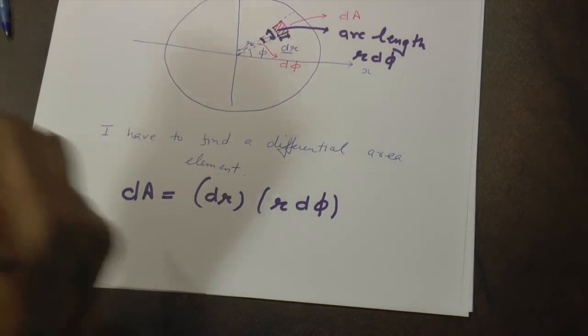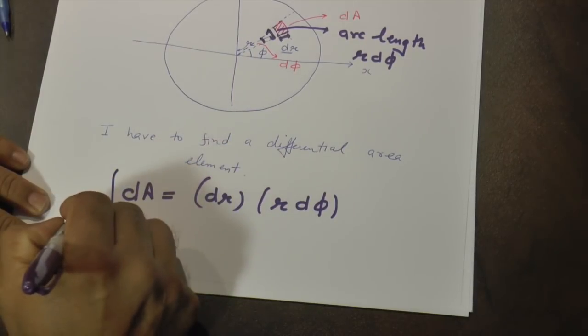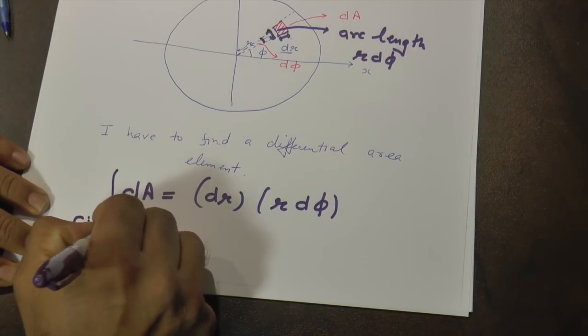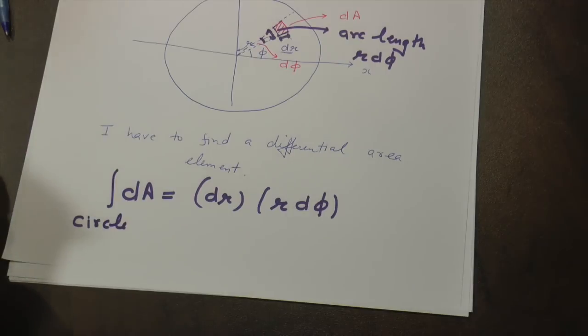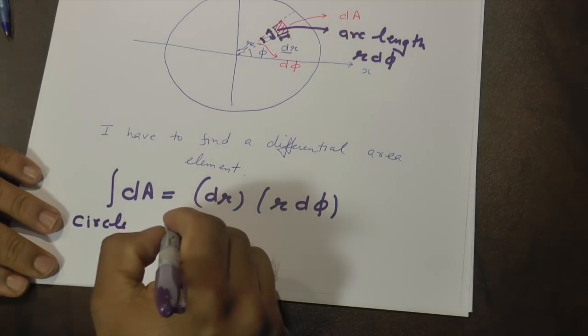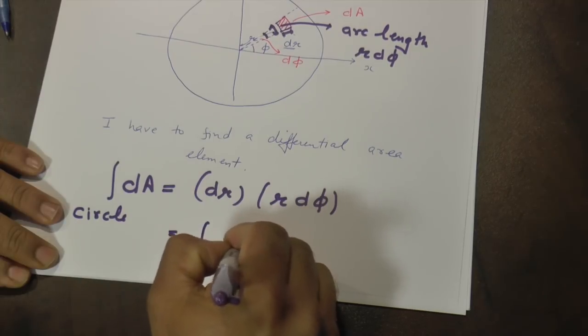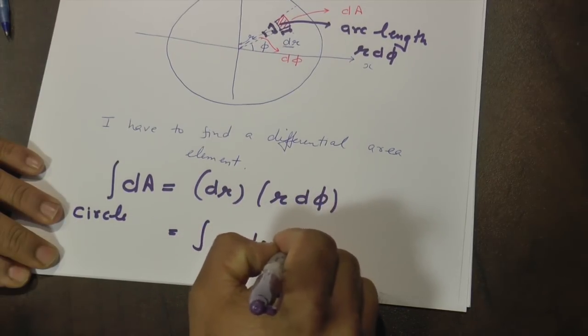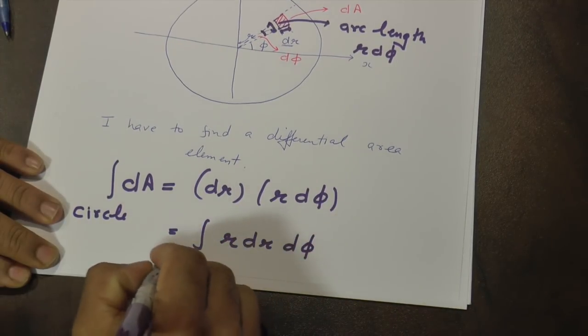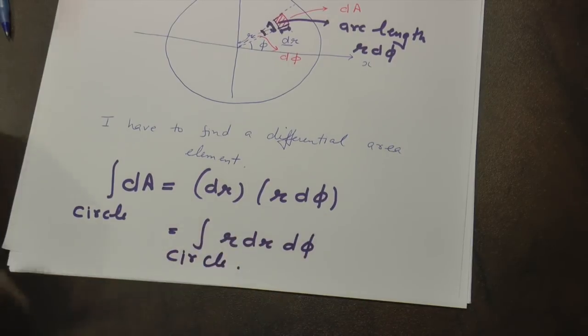Now what I have to do is integrate this over the whole area of the circle to be able to calculate my solution. So my integral has to be ∫ r dr dφ over the whole area of the circle.